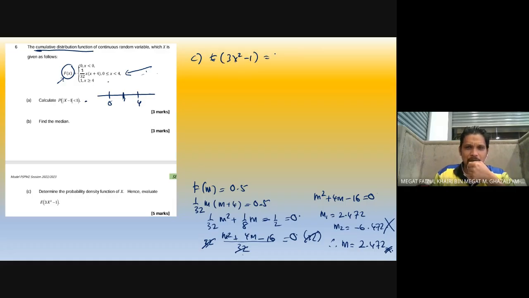So this is going to give you 3 expected of x squared minus 1. So we need to find this first, expected of x squared.